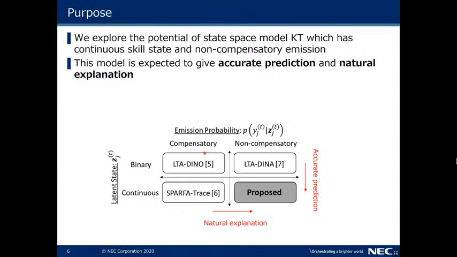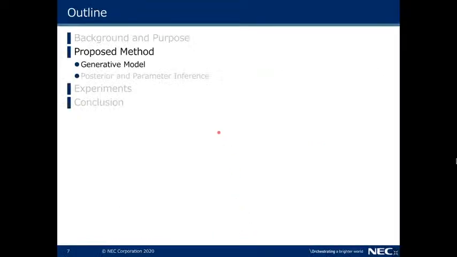And compared to a compensatory model, a non-compensatory model is expected to give natural explanation, as you see in the example of the fraction and equation problem. So that's the purpose of our study.